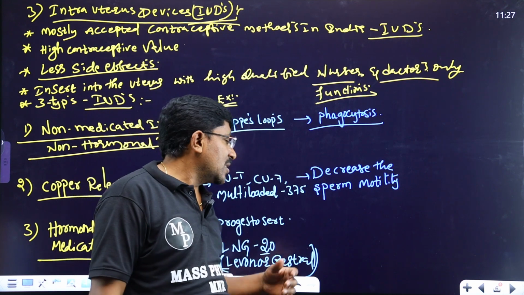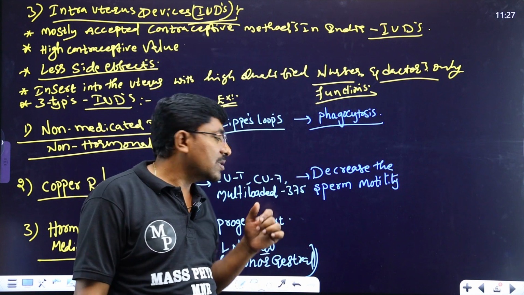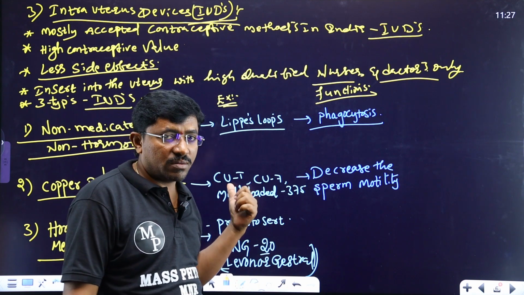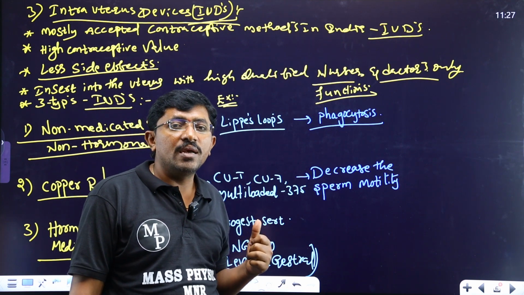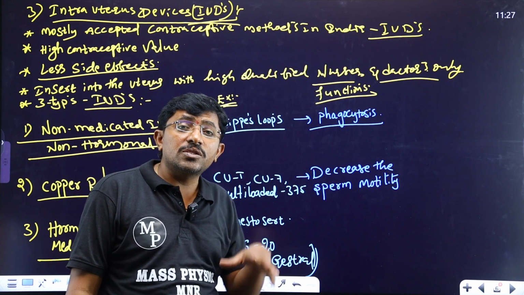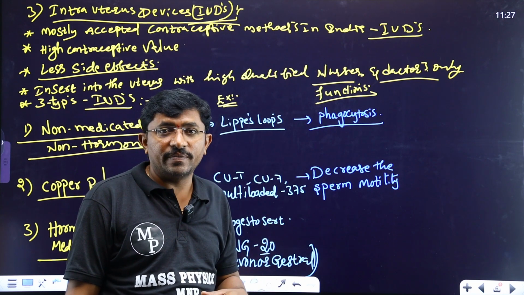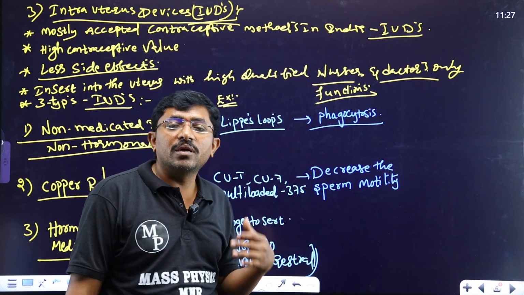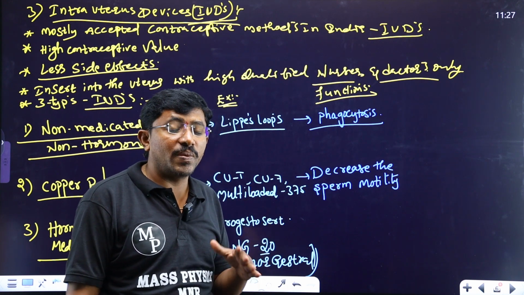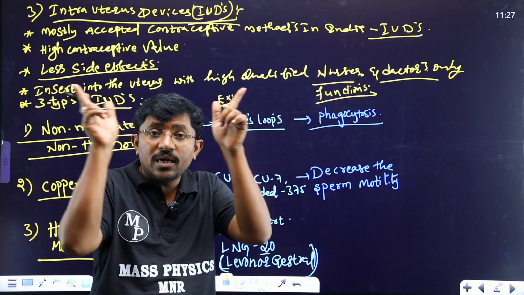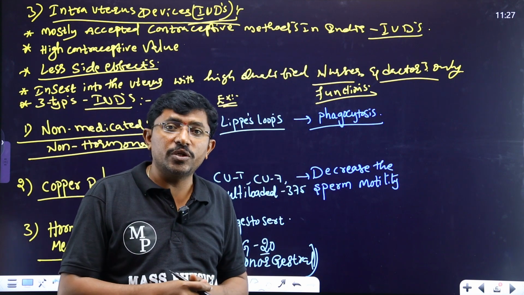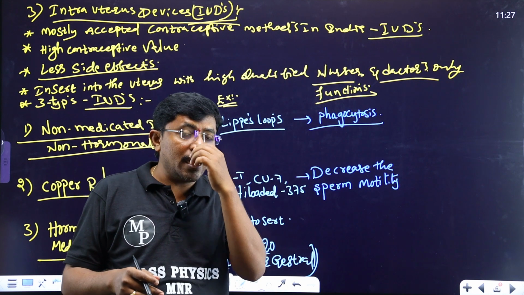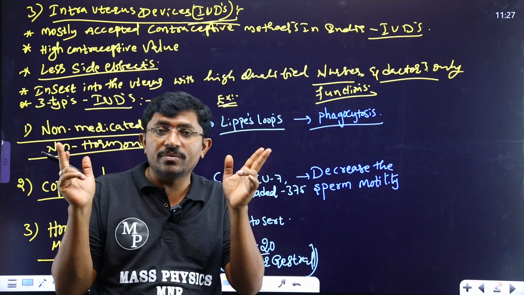Once the sperm enters the uterus, the copper ions are there within the uterus. These copper ions cause a decrease in sperm motility. Thereby the sperm motility is reduced, and the sperms are not able to reach the fallopian tubes.